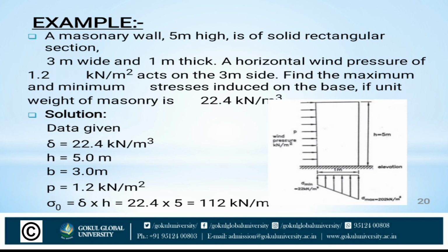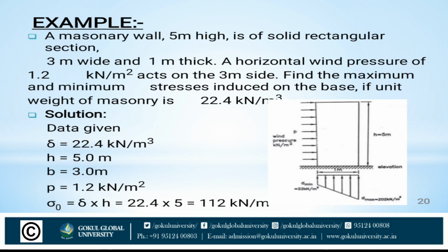First we study the example. A masonry wall 5 meter height, of solid rectangular section, 3 meter wide and 1 meter thick. A horizontal wind pressure of 1.2 kN per meter square acts on the 3 meter side.